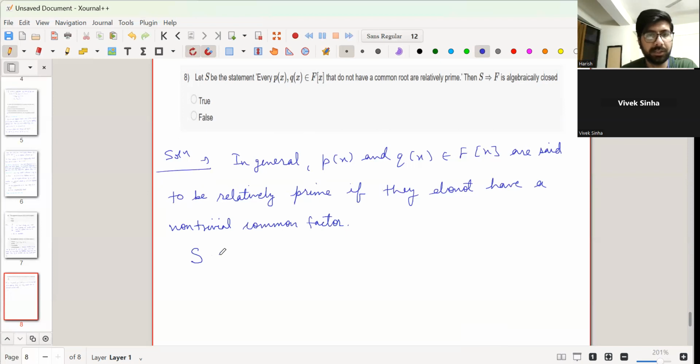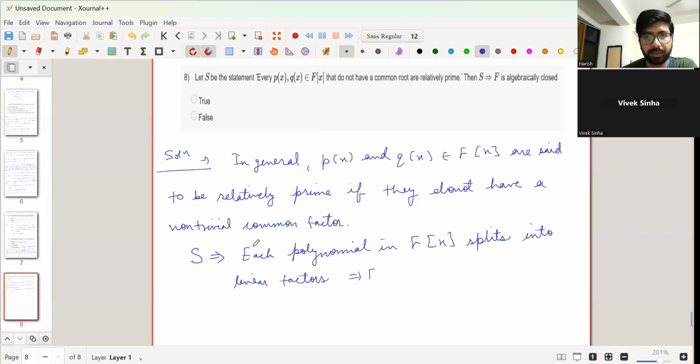So S implies that each polynomial in F[x] splits into linear factors, and thus this implies that F is algebraically closed.